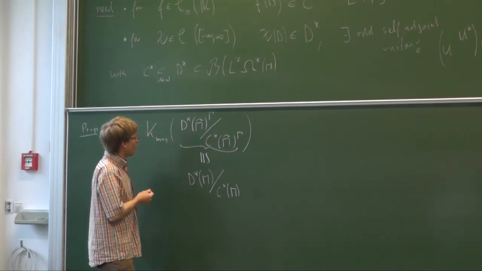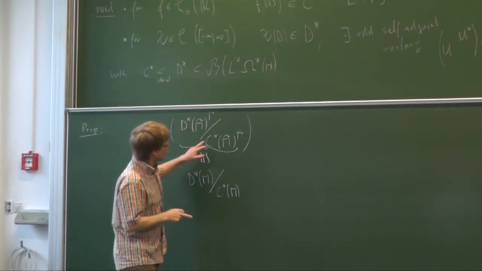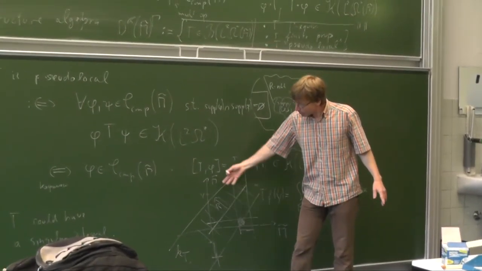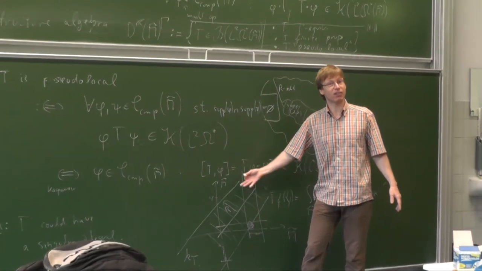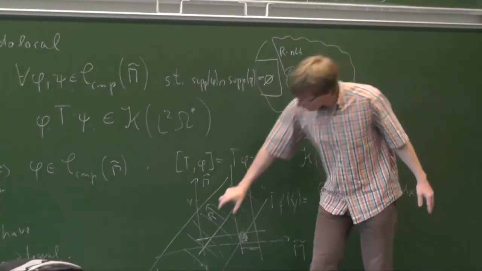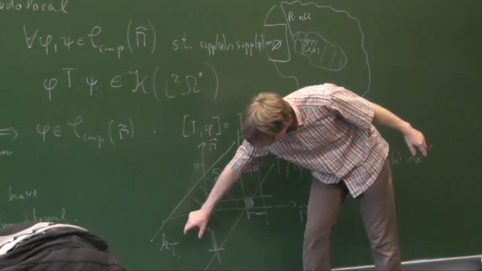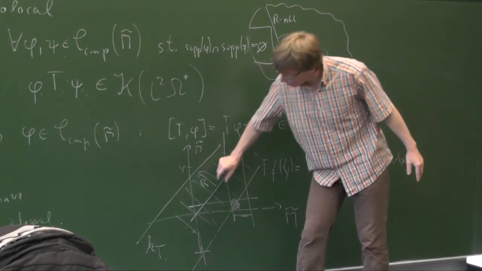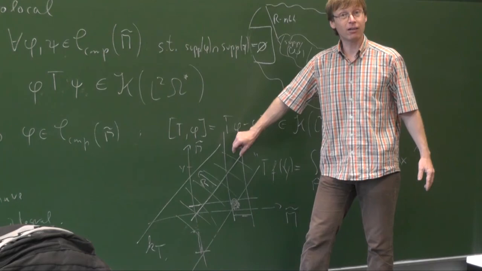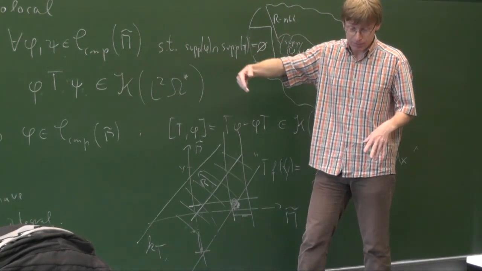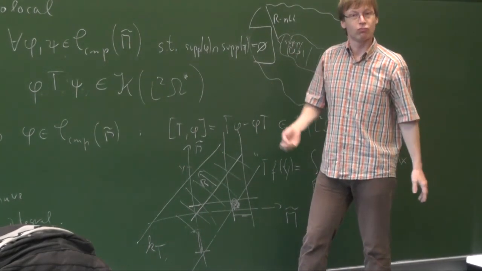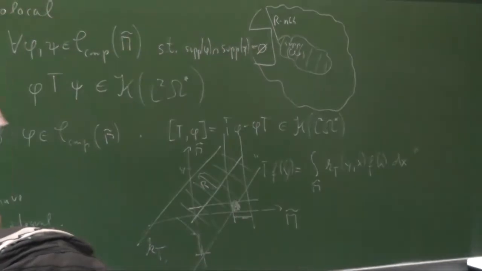Why is this? If you look at our conditions and also have a picture here, any element in D star outside the diagonal has exactly the same properties as C star has. So we can take a partition of unity to cut out a very small neighborhood of the diagonal part of this operator in D star, and the rest, the difference between the old operator and that one, is going to be in C star. And if you do this equivariantly, you also live in the gamma invariant part.